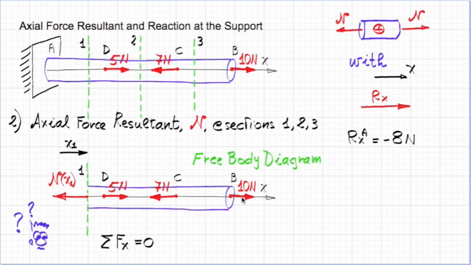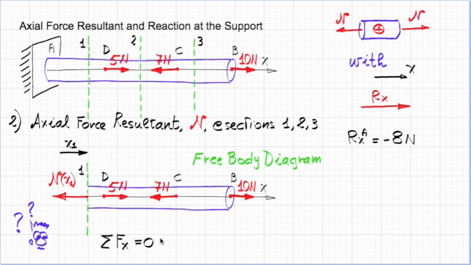Remember, this is very simple. When you sum forces in this expression, look at the arrow. If the arrow of the force points in the same direction as the x-axis, the magnitude of that force sums in positive. If the arrow of the force points against the direction of x, then the magnitude of the force sums in negative.